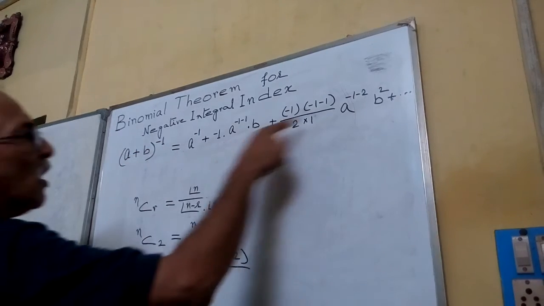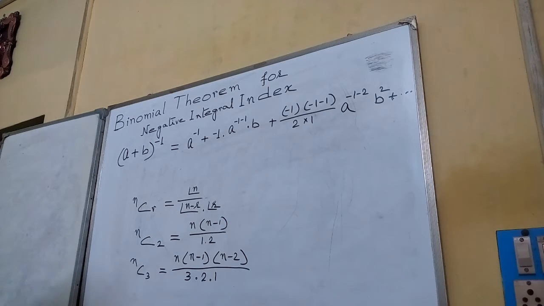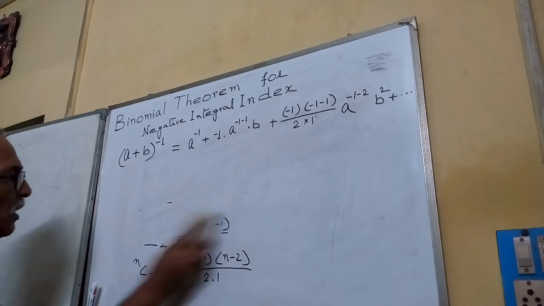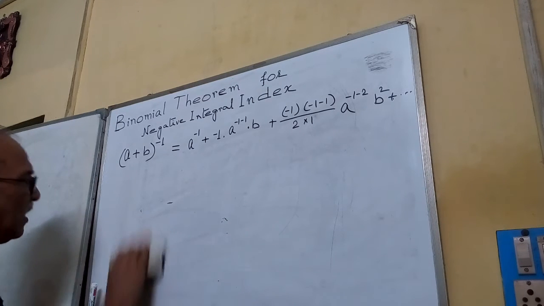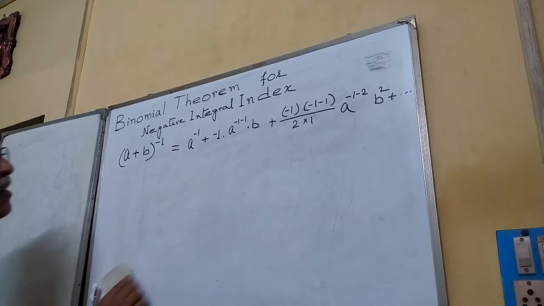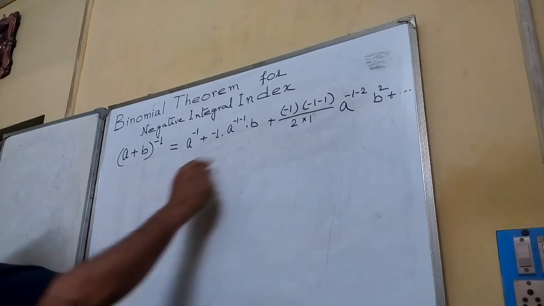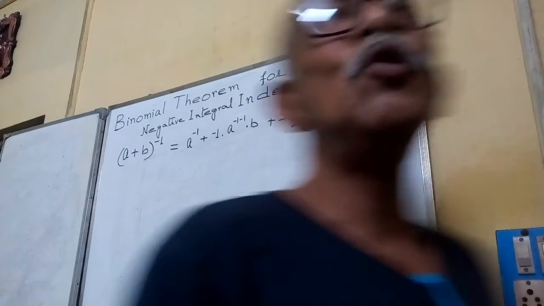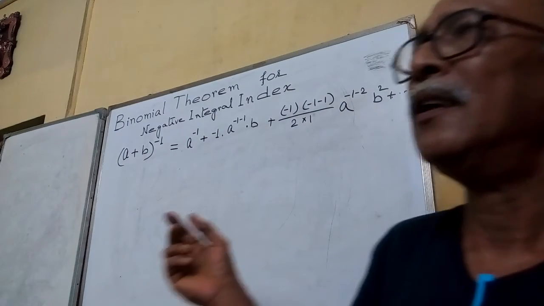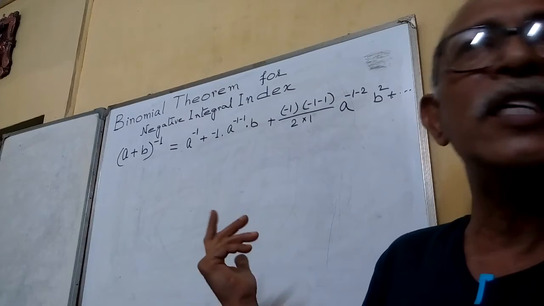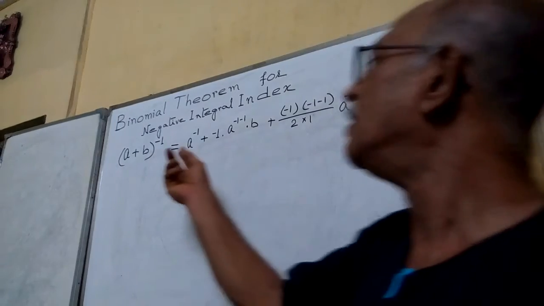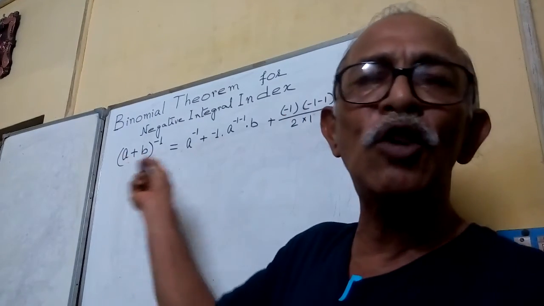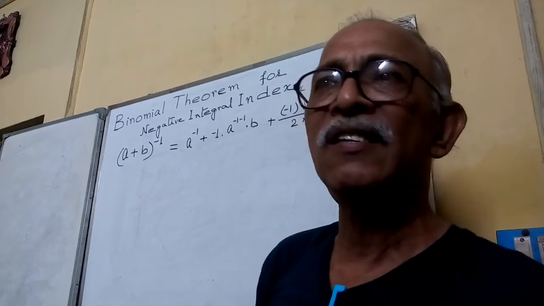Instead of NCR we are writing in this type. In this type we can see very easily that if we keep on increasing the terms, there will be no term which will be undefined. So all the terms will be defined, and there will be an infinite number of terms, or it will be an infinite series.